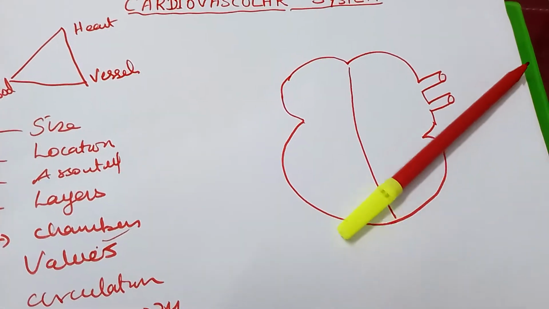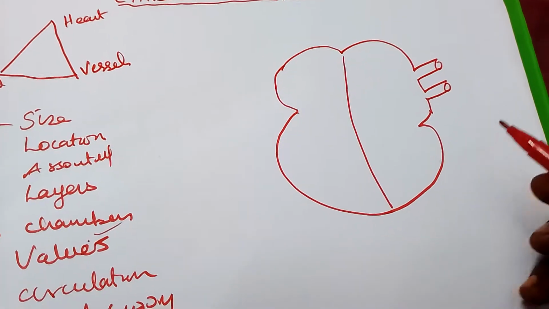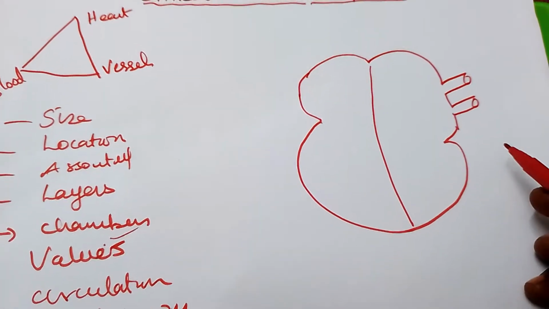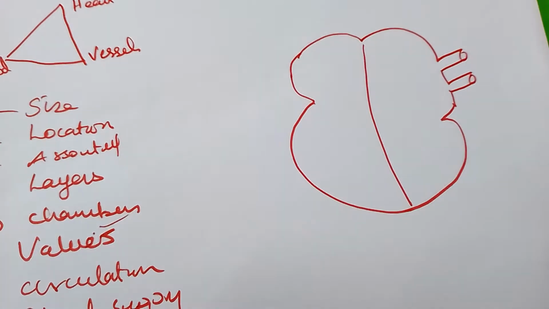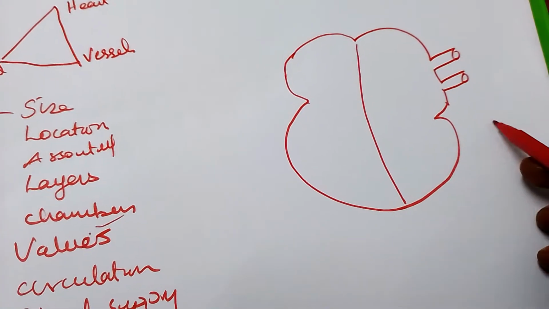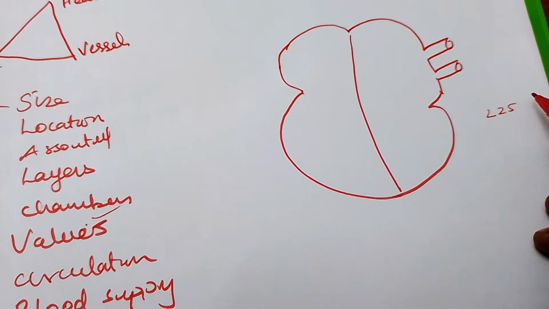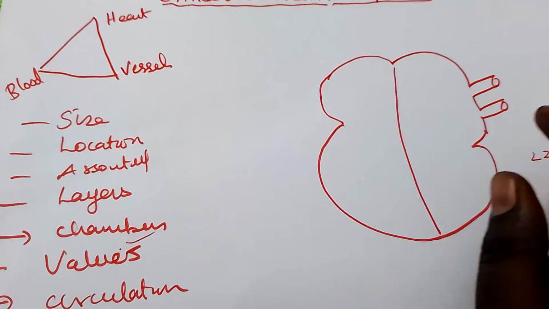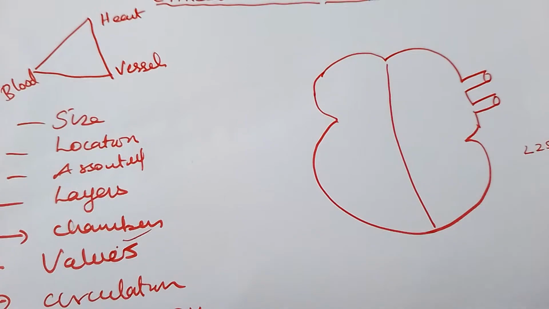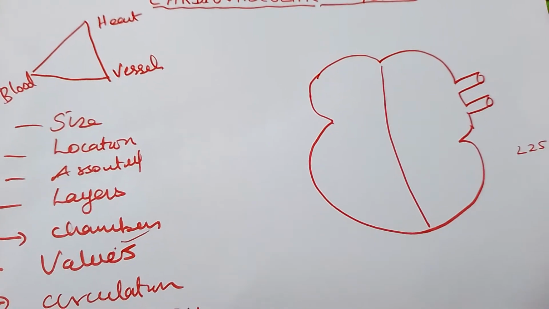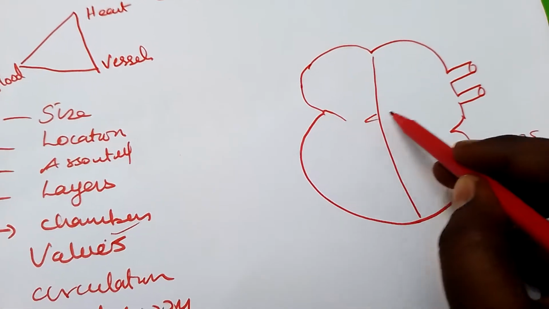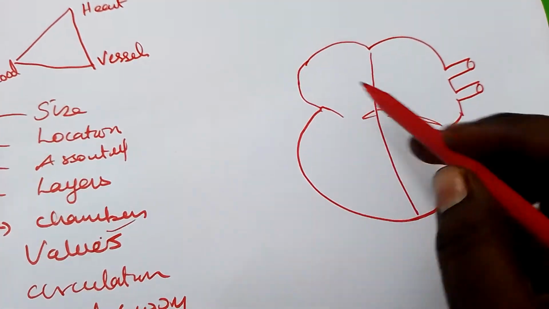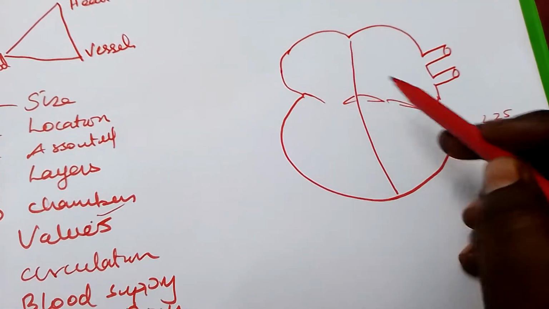The heart weighs about 300 to 310 grams in males and maybe 225 grams in females, so a little variation will be there. And the heart has 4 chambers. We will see in detail what the 4 chambers are.